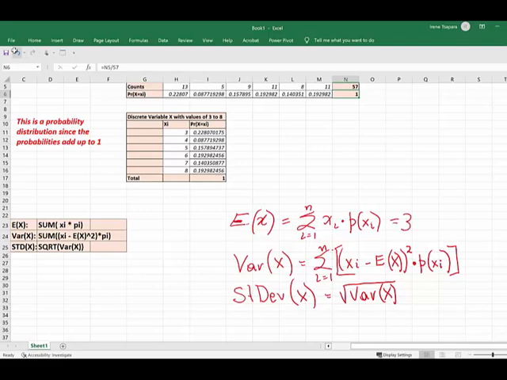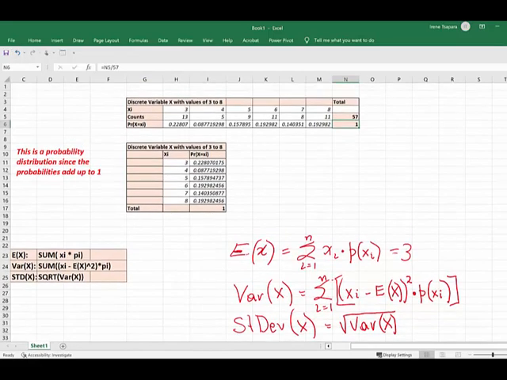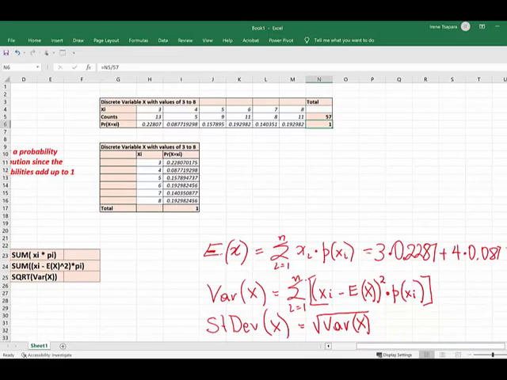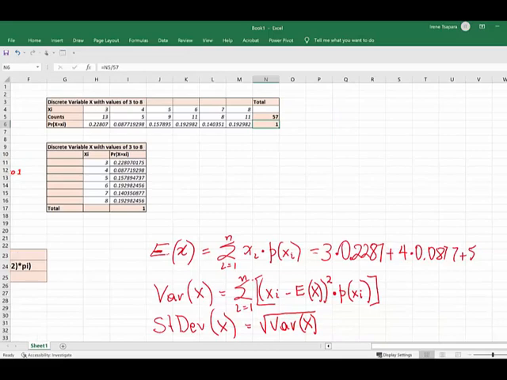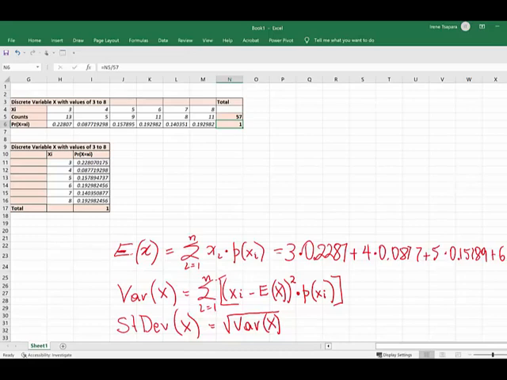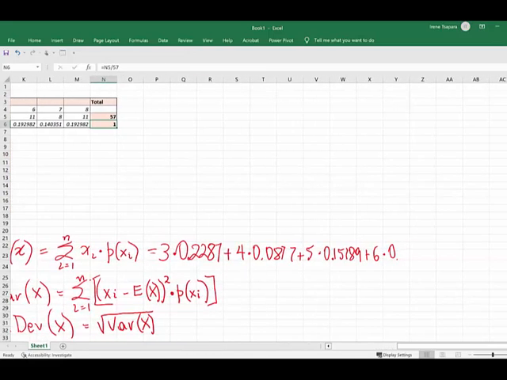The number 3, look above here, multiplied by the corresponding probability, 0.2287, plus the number 4 times the corresponding probability, 0.0877, plus the value 5 times the probability to get a 5, 0.15789, plus the number 6 times the corresponding probability, 0.19, plus the number 7, I round up the numbers here, 0.14, plus the number 8 times 0.19.